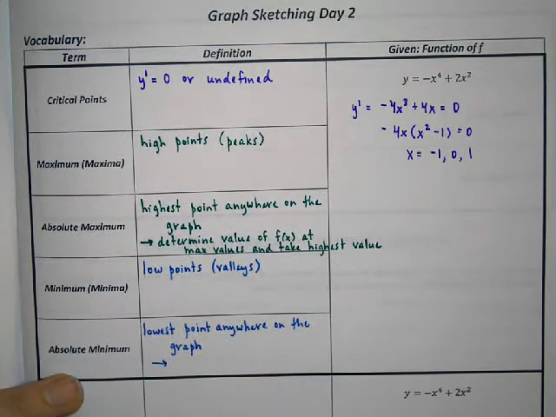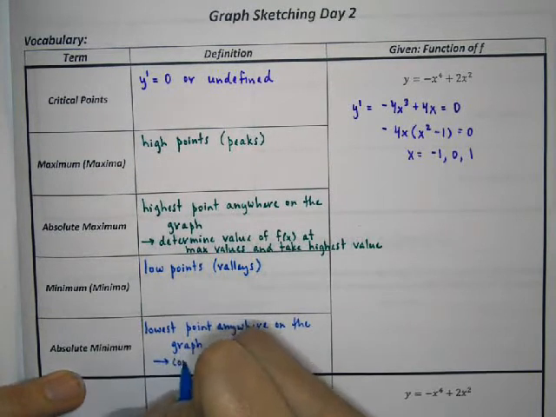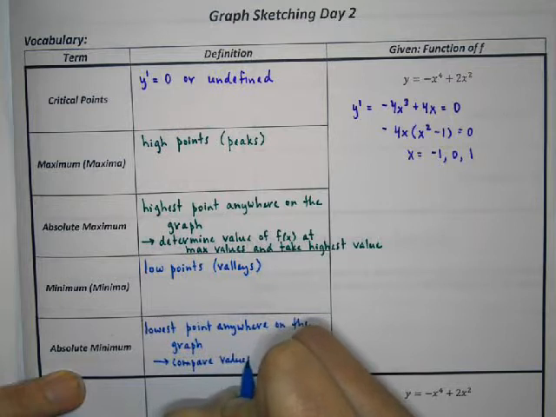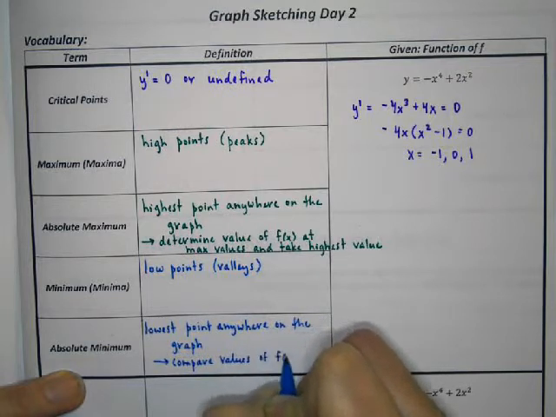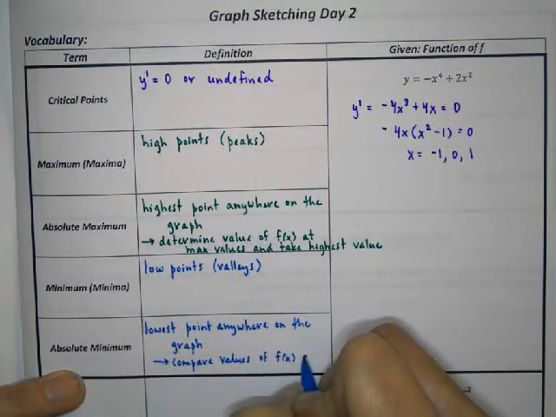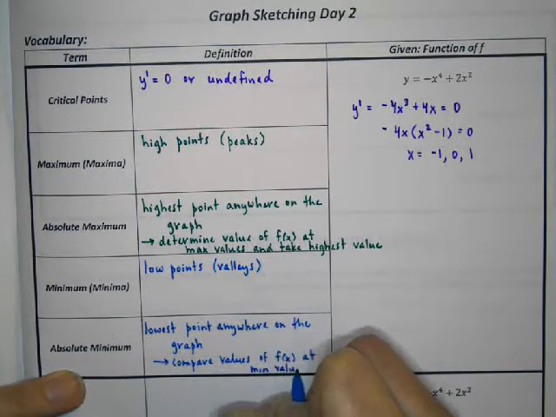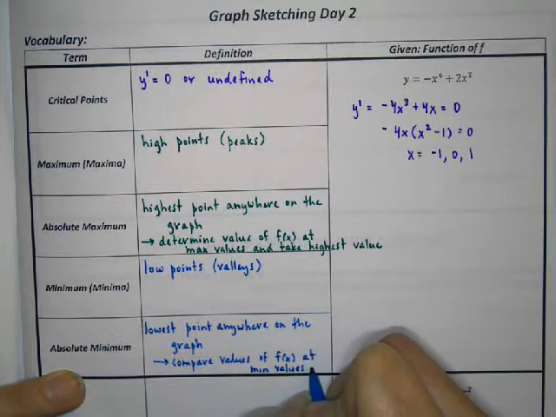Right, and so I'm going to make a note here again. We're going to compare the values of our function f of x at our minimum values of x. And we'll take the lowest one.